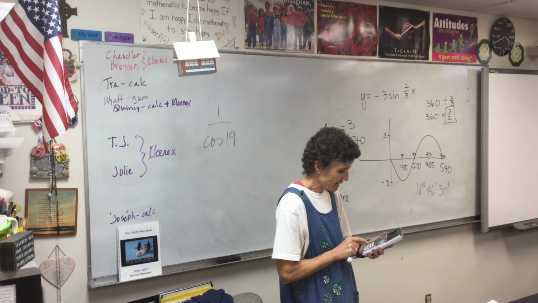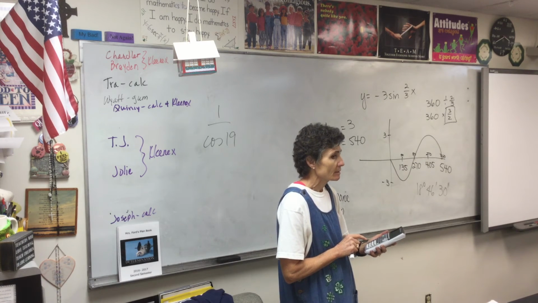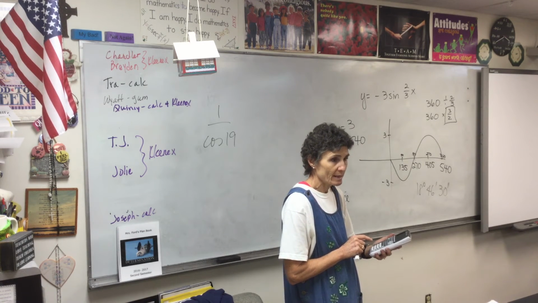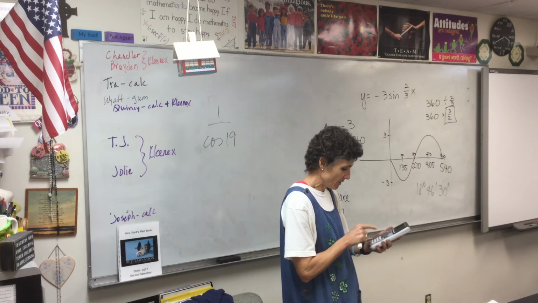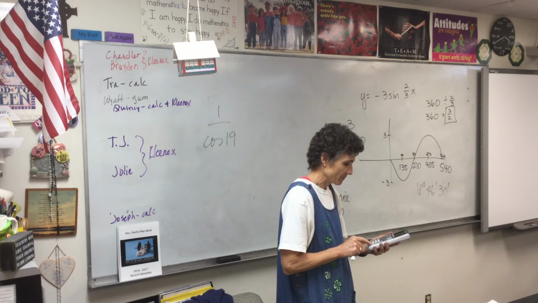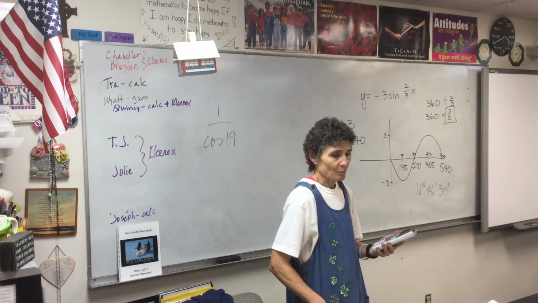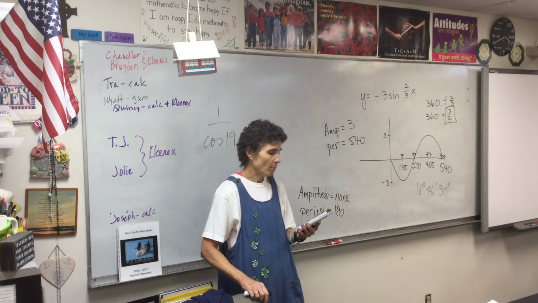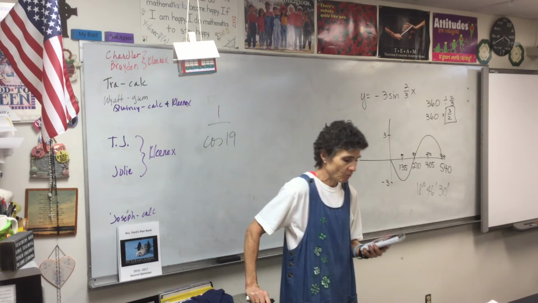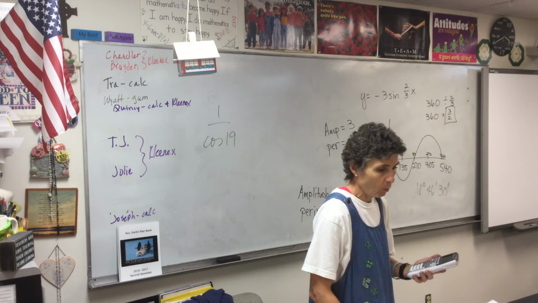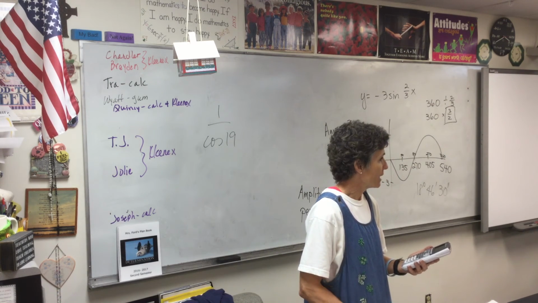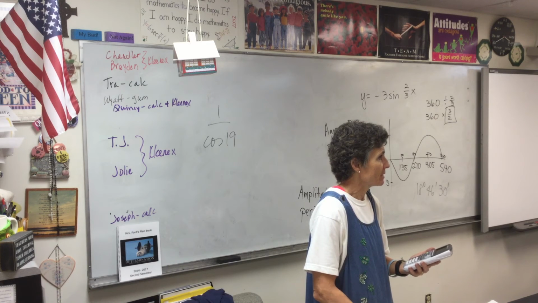Oh, how do I do that seconds thing? I type in my 11, and then where do I get the seconds? Alpha plus. 3.7849. Would somebody give me an agree?